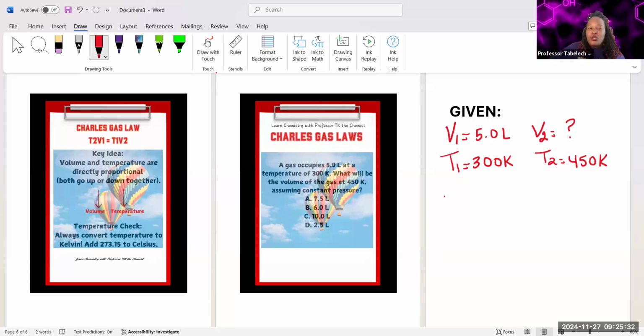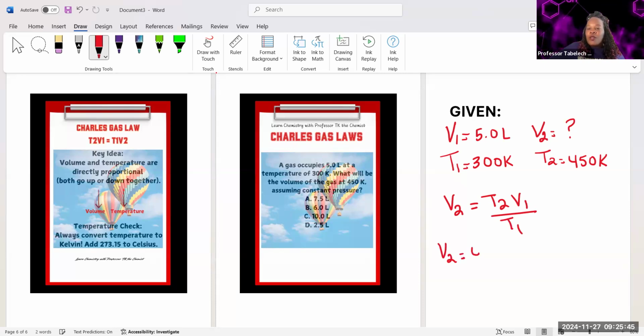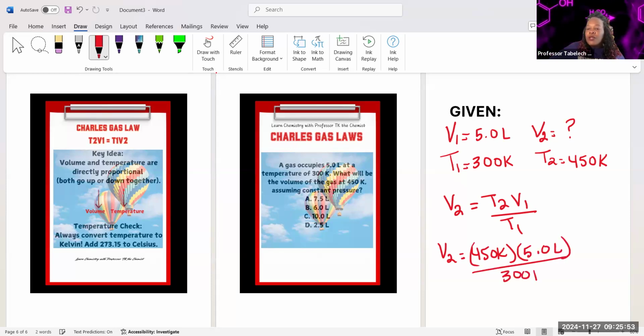Let's solve for V2 in order to know if we're on the right track. The formula we're going to use is V2 equals T2 times V1 divided by T1. Our T2 was 450 Kelvin, our V1 is 5.0 liters, and our T1 is 300 Kelvin.